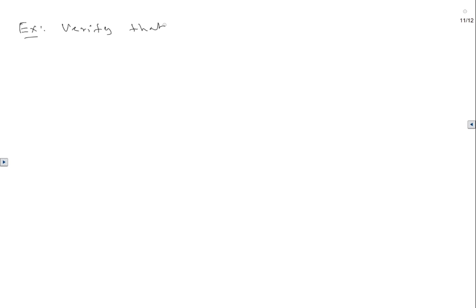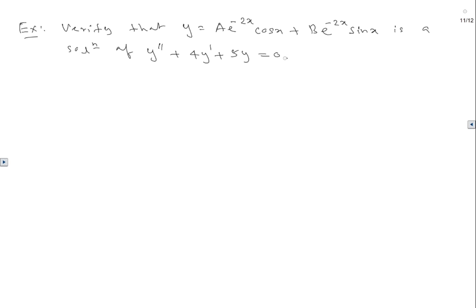Verify that y equal a e to the negative 2x cosine x, so it's a product, plus b e to the negative 2x sine x is a solution of y double prime plus 4y prime plus 5y equals 0, and then find a and b such that y(0) equals 0 and y prime(0) equal 3.